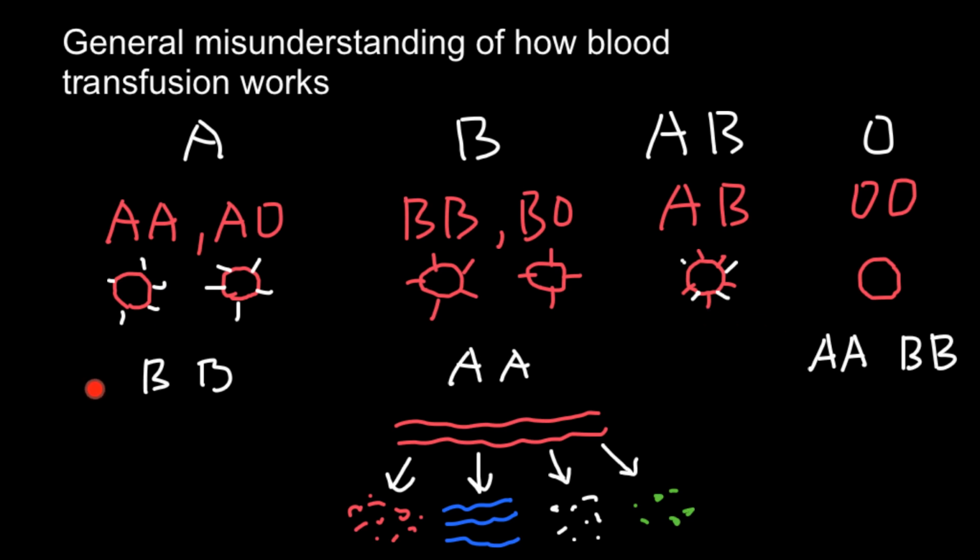They can get plasma from any other blood group. And people who belong to the blood group AB would be considered universal recipients of the red blood cells, but at the same time would be considered universal donors of the plasma.